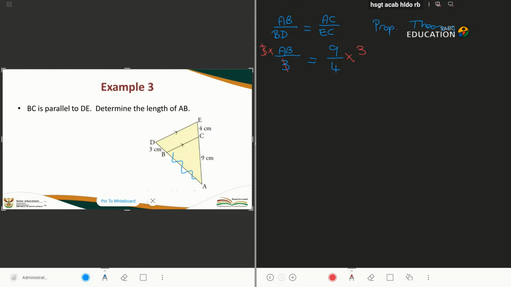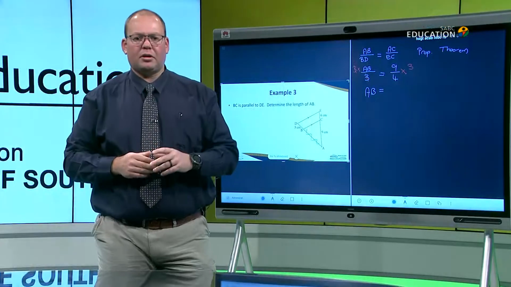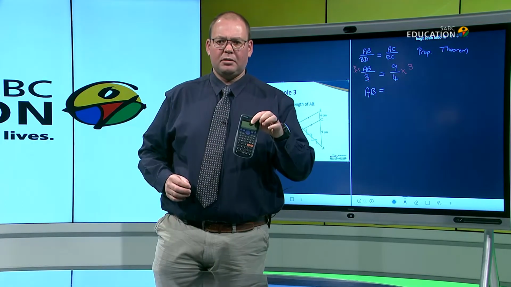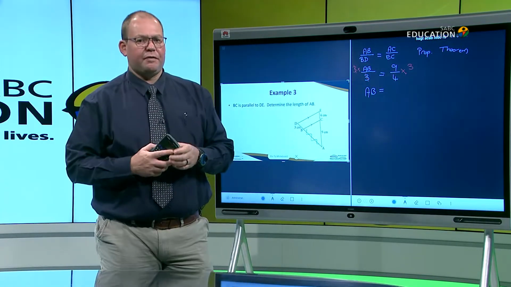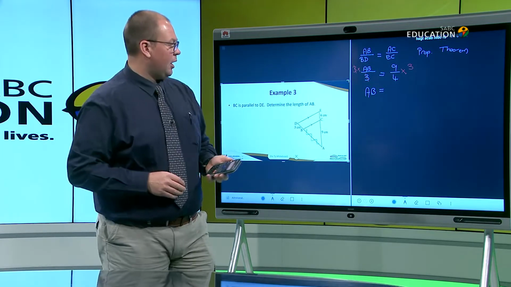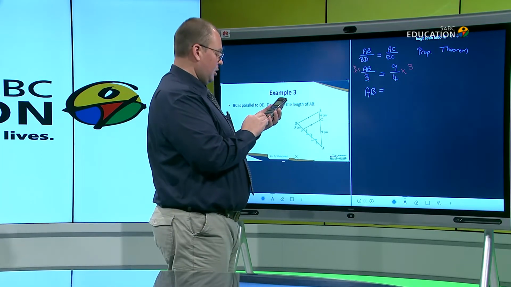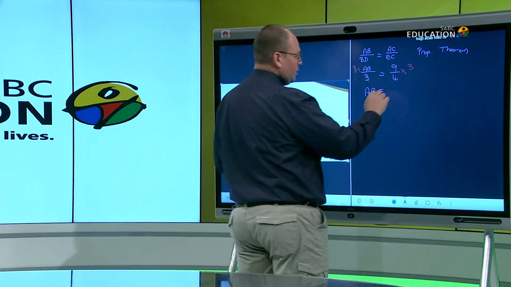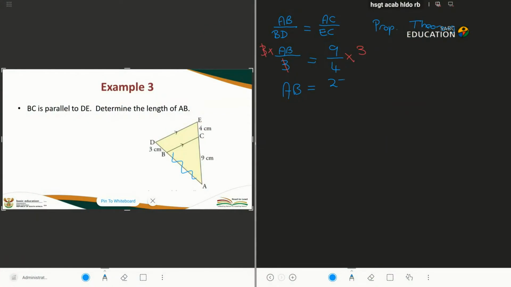So this side will simplify, meaning that AB will have a length of, and now some people will say, but you're smart enough, just quickly calculate it, but that's why I say always get your handy calculator, and rather be safe than sorry, and do the calculation. So you say 9 times 3 divided by 4, and you will see that in simplest form you will have an answer of 27 divided by 4.